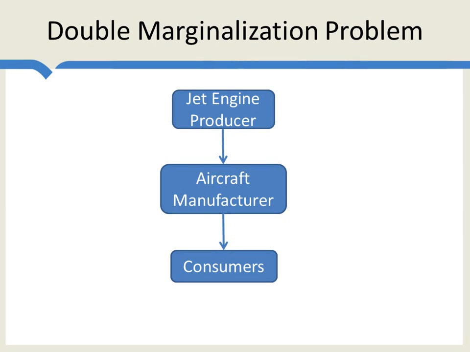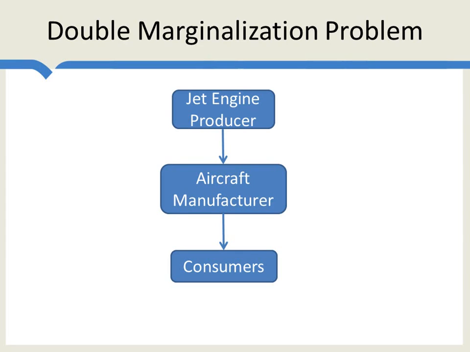Now, what Cournot showed here is that the monopolists can work in a way against their own interests. The jet engine producer, in trying to maximize its profit, sells at a high price to the aircraft manufacturer, which in turn, in trying to maximize its profit, sells at a high price to consumers.